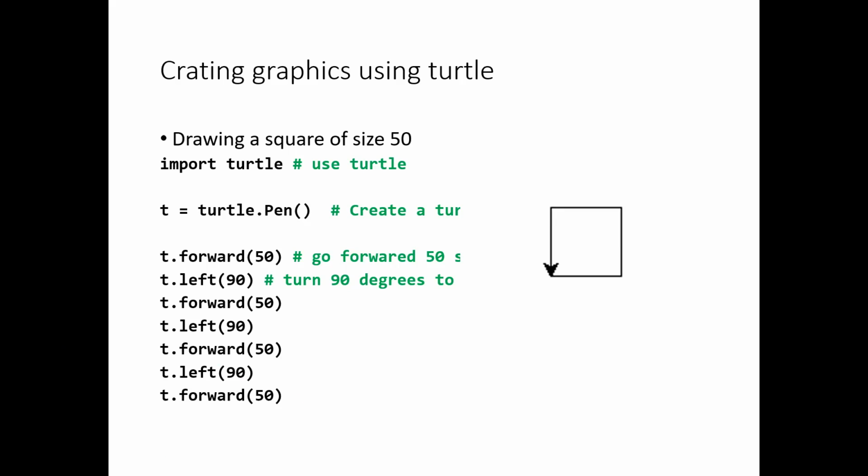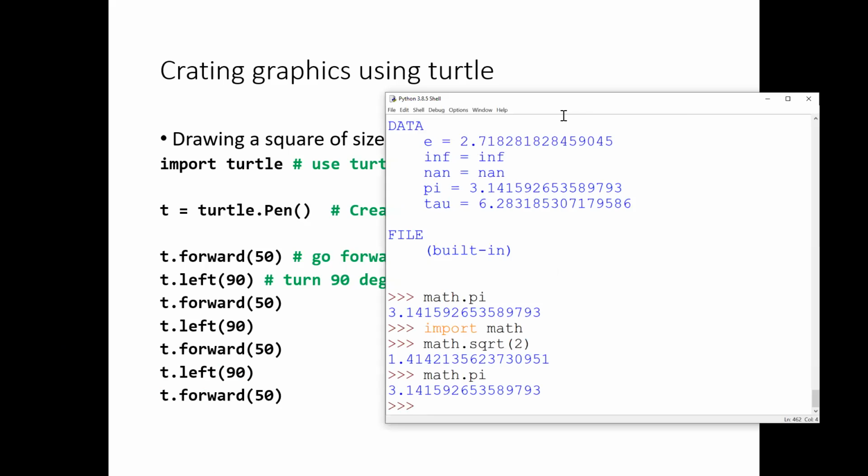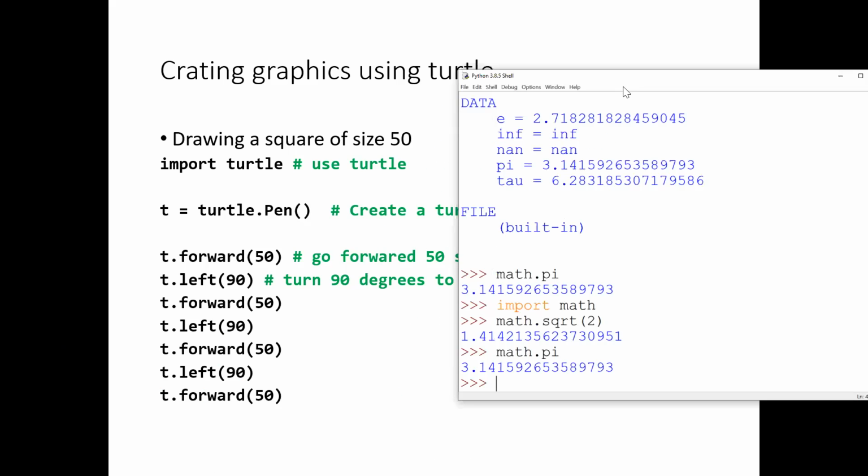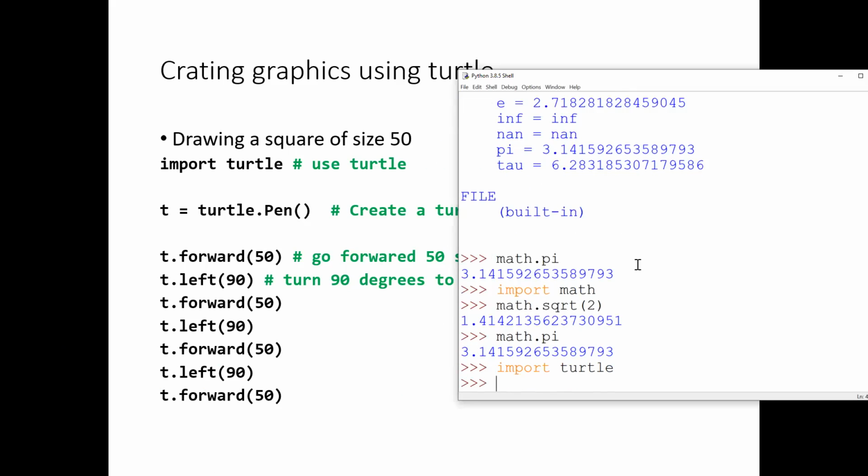So I will start with IDLE, and then I'm going to use a script. The very first thing you should do is import turtle. There are many ways you can create this.